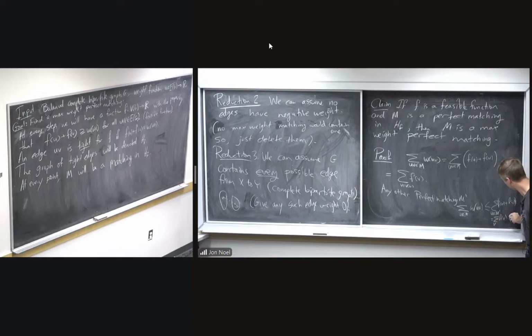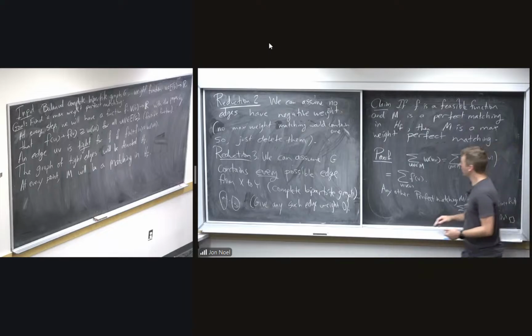Because if it's a perfect matching, you still have this equals that, but this will be at most that because it's a feasible labeling and the edges are not necessarily tight. So yeah, if you get a perfect matching in H sub f, then you win. Any questions about that? Okay.